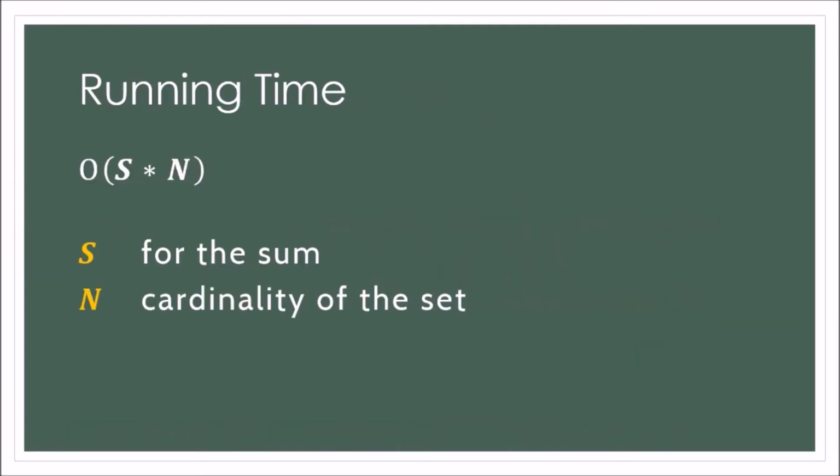Its running time is big O of s times n, s for the sum and n for the cardinality of the set. It is not efficient if the sum you want to find or the cardinality of your set is very, very large. However, it is not enough to show that subset sum is intractable.